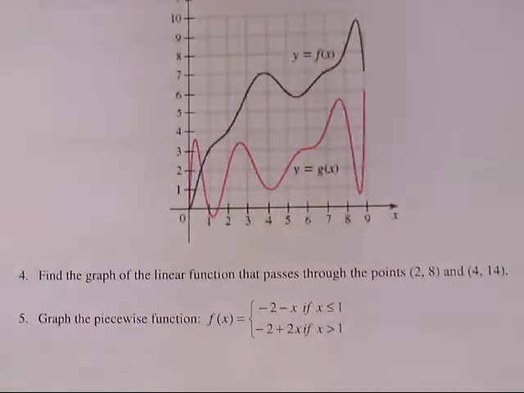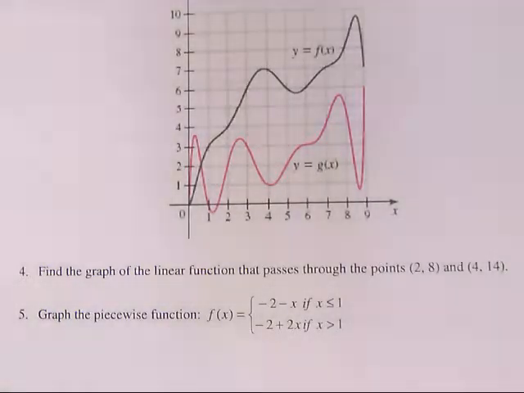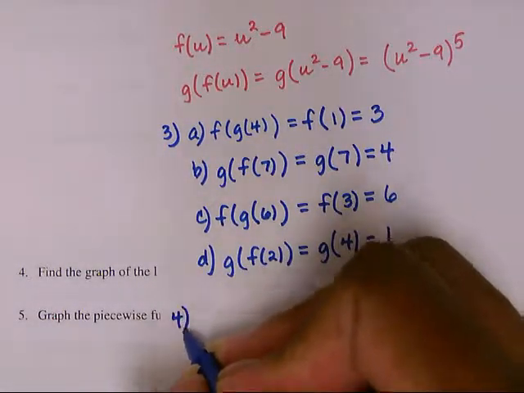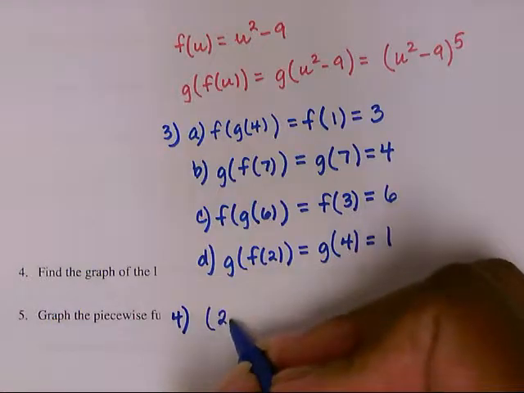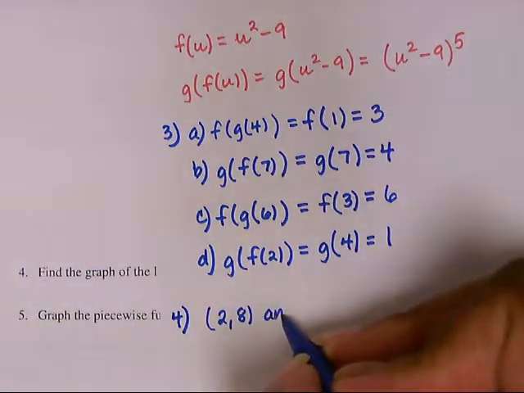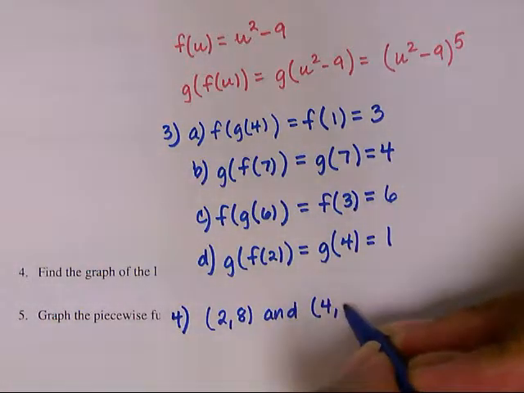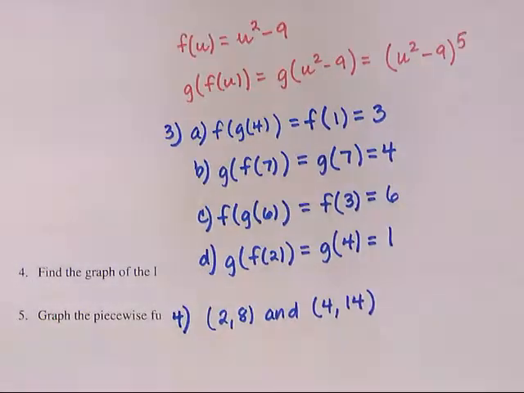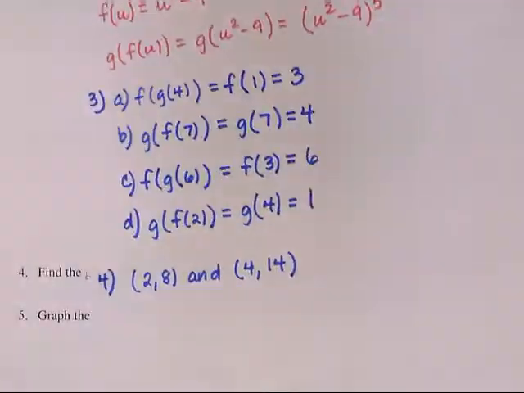Alright, number 4. Find the graph of the linear function that passes through the points (2, 8) and (4, 14). So we're looking at the points (2, 8) and (4, 14), and here I want to find the graph of that linear function.